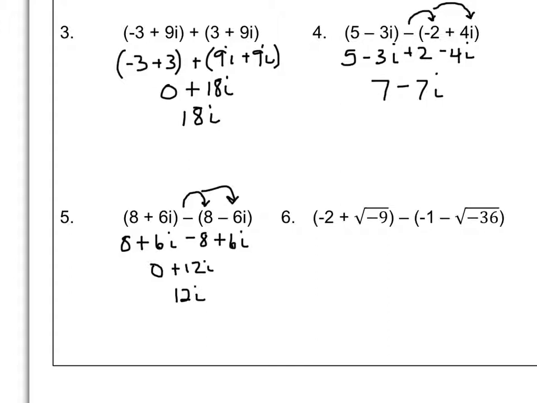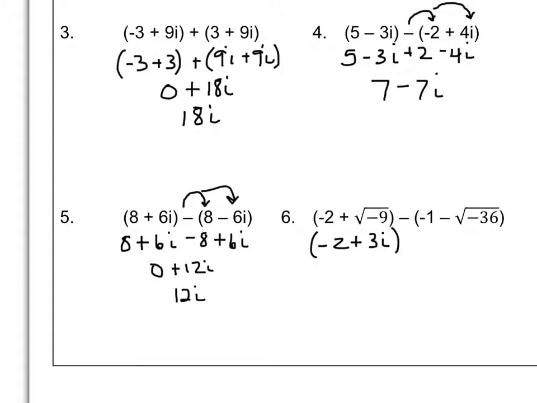Okay. All right, number 6. You'll notice number 6 is just a little bit slightly different. You notice you don't have any i's, but you do have some square roots with negatives. So what I need to do is change my square roots with negatives to imaginary numbers. So when I do that, here I get negative 2 plus the square root of negative 9. The square root of 9 is 3, and the negative makes this 3i.